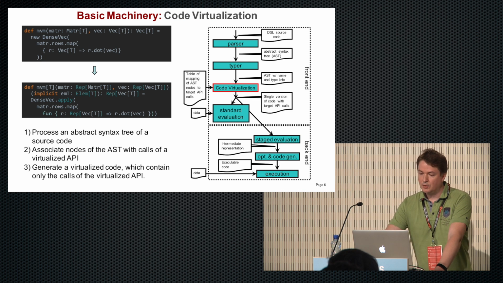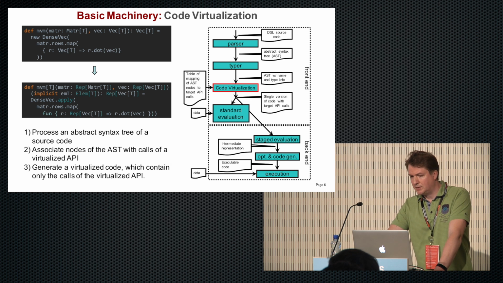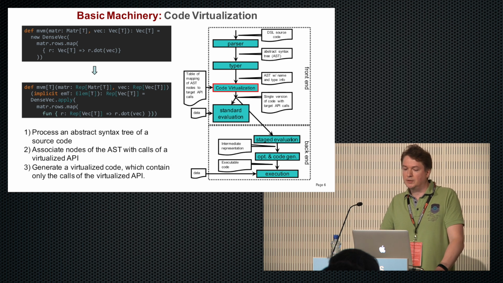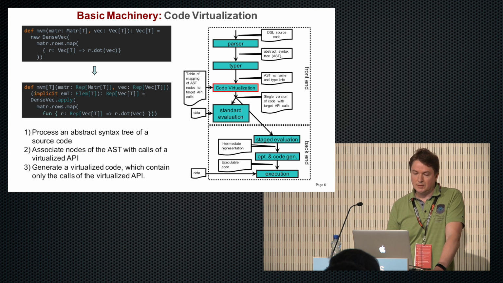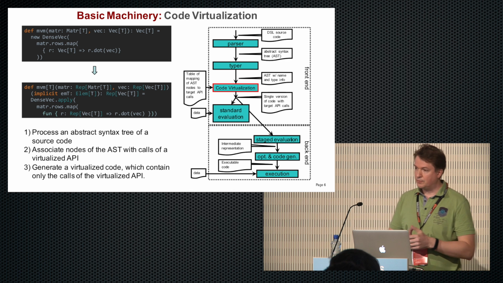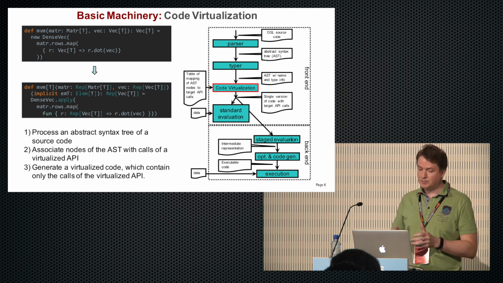So before we go to some examples, we need to discuss some basic machinery which is defined inside the framework. So first is code virtualization. This idea comes from Scala Virtualized, but in Scalan it's implemented in a completely different way, and we don't use a special compiler. Scalan is based on a recent Scala compiler, the standard compiler.